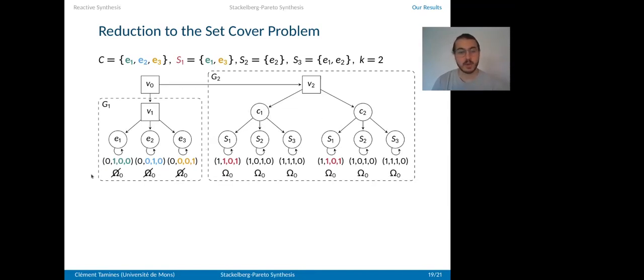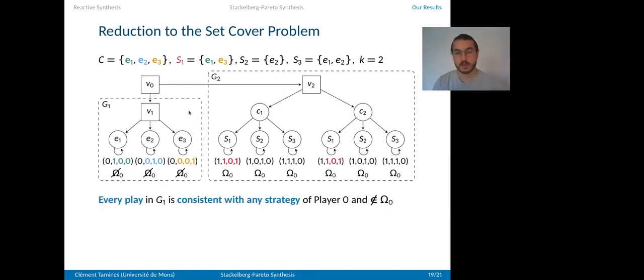None of the plays in G1 satisfy the objective of player 0, and every play in G2 satisfies the objective of player 0. Every play in G1 is consistent with any strategy of player 0. This is simple to see since, from the initial vertex V0, player 1 can play in such a way to obtain any of these plays without any input from player 0.